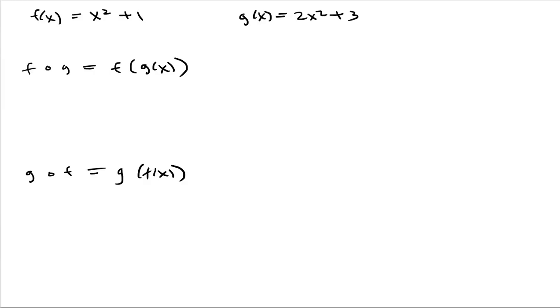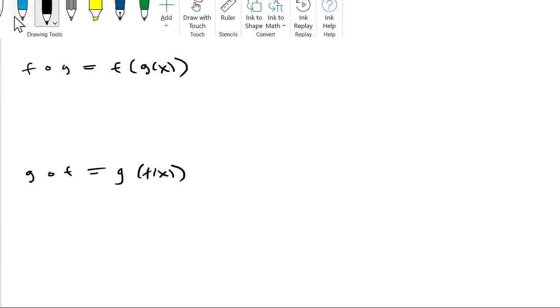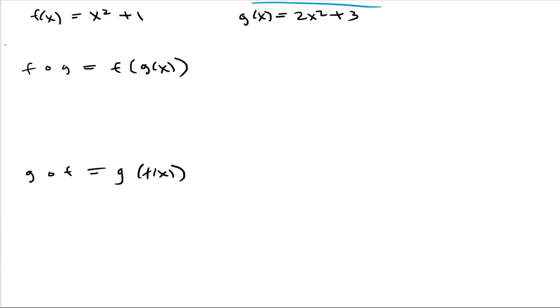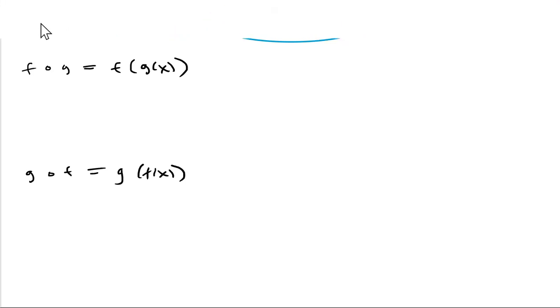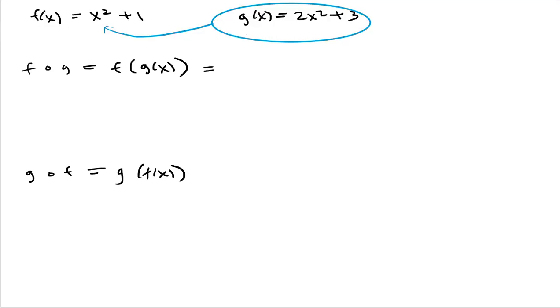All right. So what we're doing here is that we're just taking the function g of x. We're just taking this information here, and all we're doing is we're going to plug it in for x in f. That's it. So in this case, we would have x squared plus 1, right?